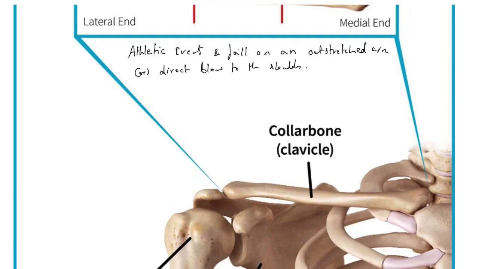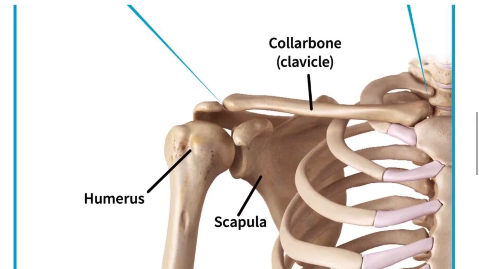In patients with clavicular fracture, mostly they present with pain and immobility of the affected arm. The contralateral hand is classically used to support the weight of the affected arm.